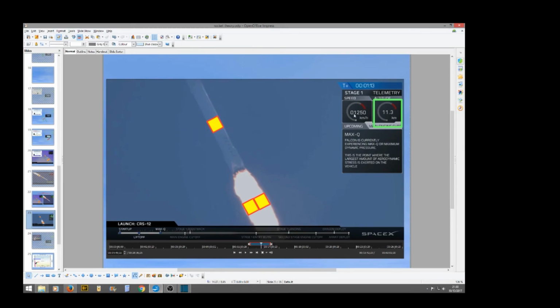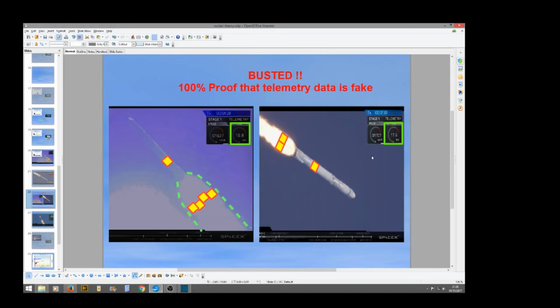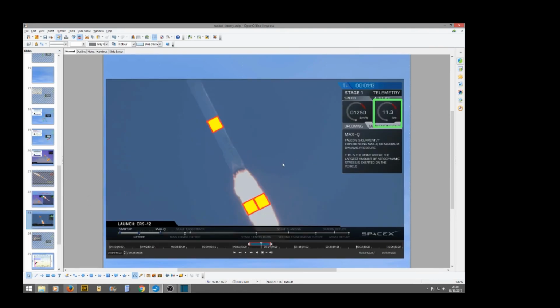And the speed here is 12,500 kilometers an hour. That's also fake. If we look here, they're claiming 1706. Actually, this image is taken earlier, so they wound the video back, so to speak. And here the speed is 1250.